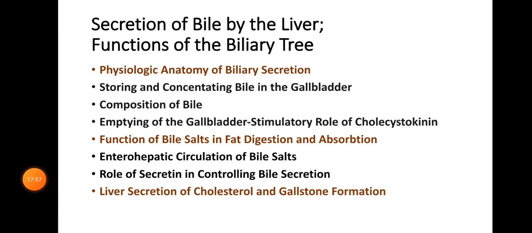Let's talk about the enterohepatic circulation of bile salts. Enterohepatic means from the liver to the intestine. How are these bile salts being circulated? About 94% of the bile salts are reabsorbed into the blood from the small intestine.